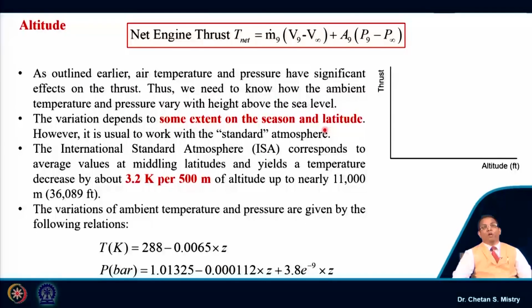Okay. Now, let us look at what is happening with altitude. Again and again we are discussing the International Standard Atmosphere, and what we have realized is that there is a drop of temperature at a particular height. Here, this represents the variation of thrust with altitude, and if you look carefully, up to 11,000 meters or 36,000 feet there is variation of the thrust, but it is not changing drastically.